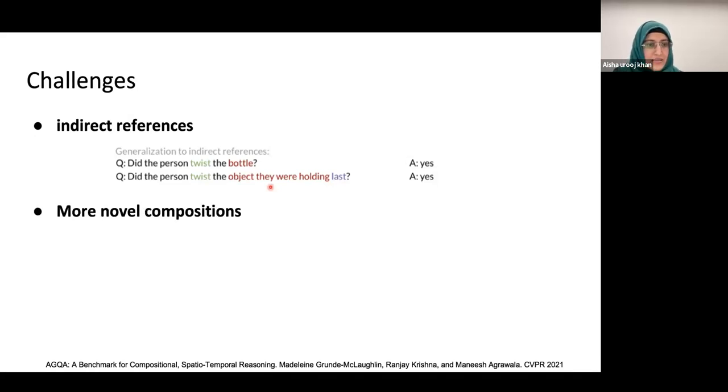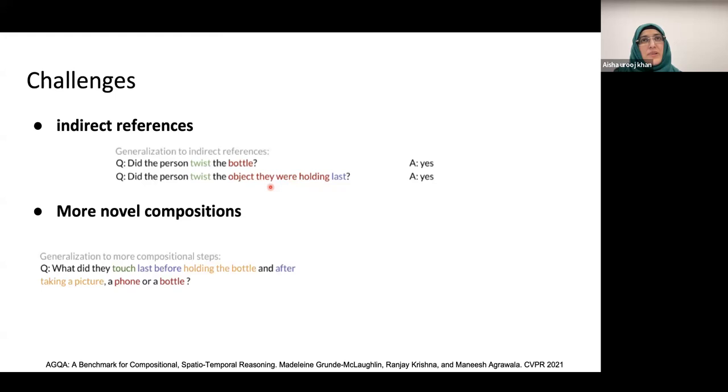Then the third challenge is more compositional steps, where we test whether a system has understood complex reasoning steps or not. You train a system with a very small number of reasoning steps, and then at test time you show a question which is much more complex and requires many more reasoning steps to come up with the right answer.